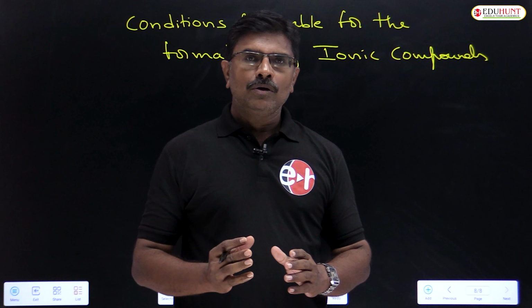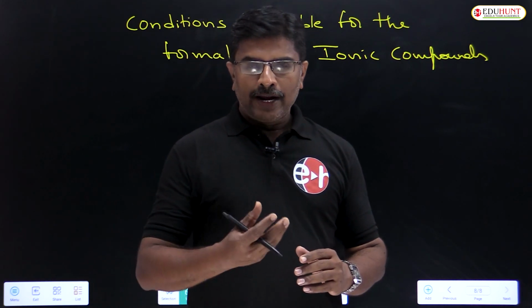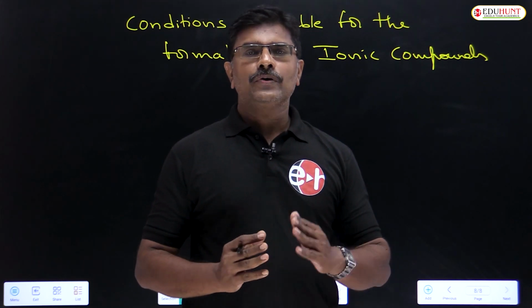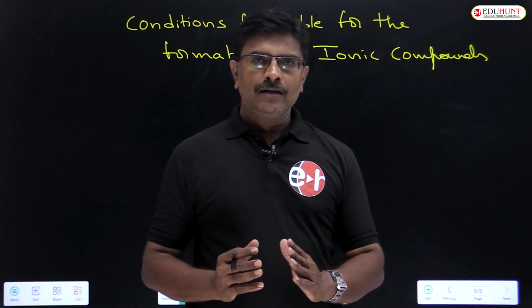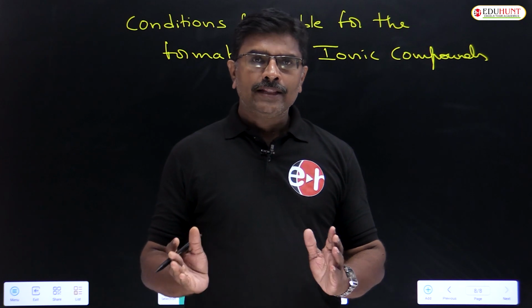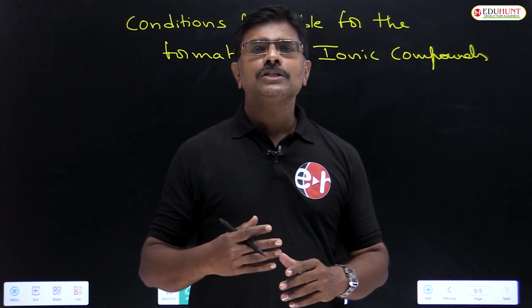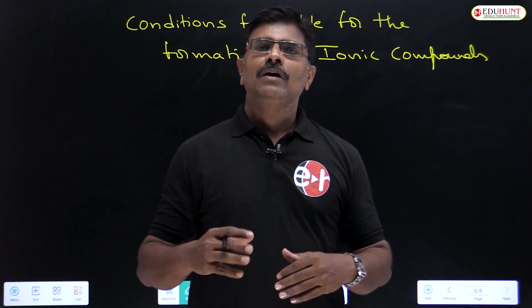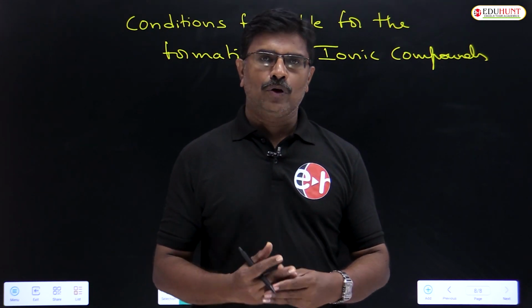So if we can write the favorable conditions for the formation of a cation and the favorable conditions for the formation of anion, they themselves become the conditions favorable for the formation of ionic compounds or ionic bonds.